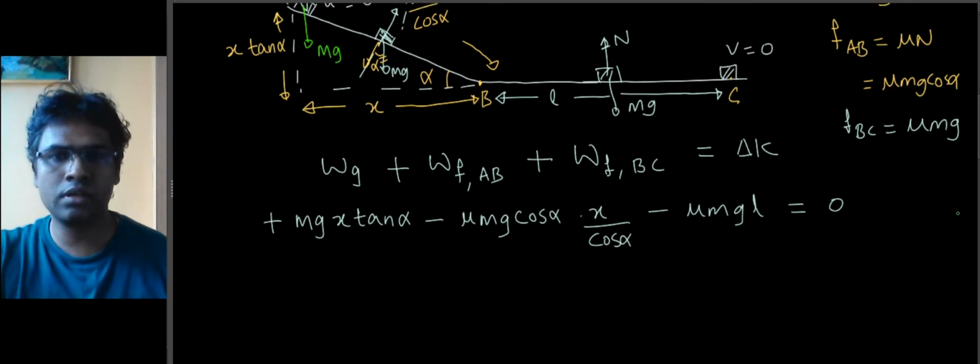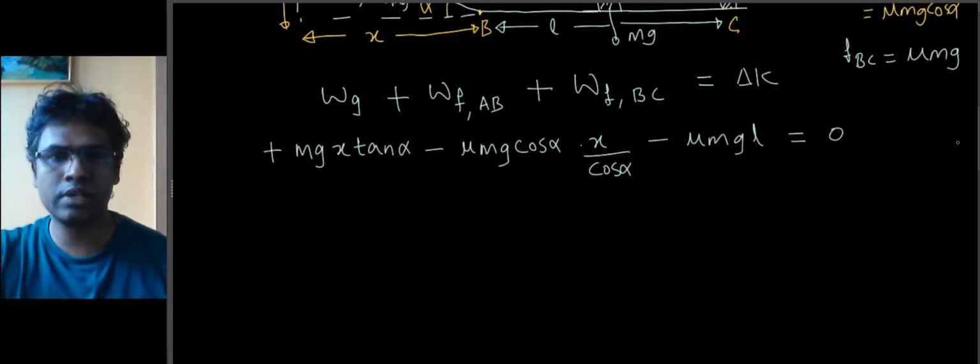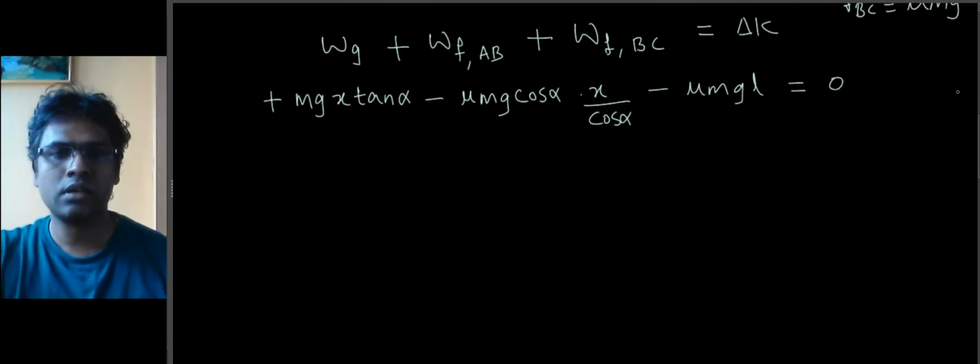So from here, the unknown that we are after is x. Once we get x, I think we can find the work done, which is this portion. So how do I get x here? In each of the terms, mg is common, and the right hand side is 0. So I can ignore mg, and here cos alpha disappears.